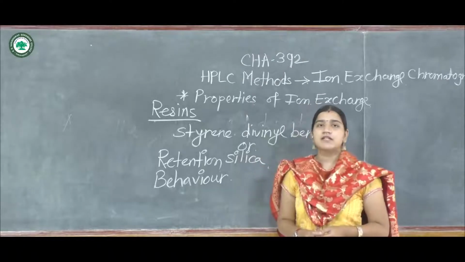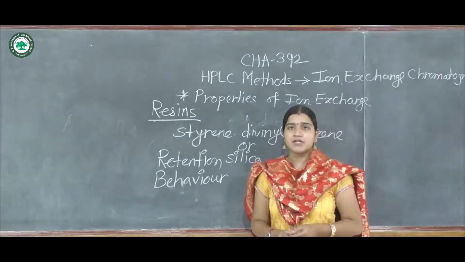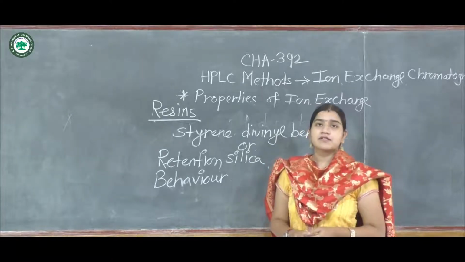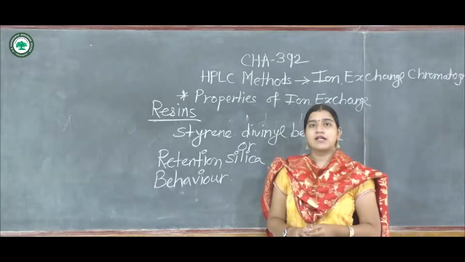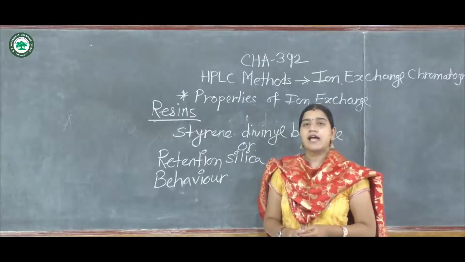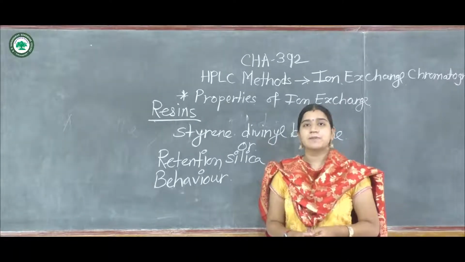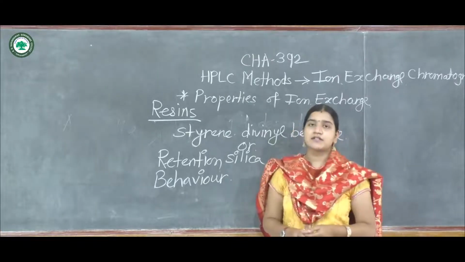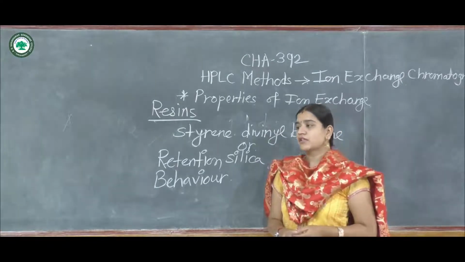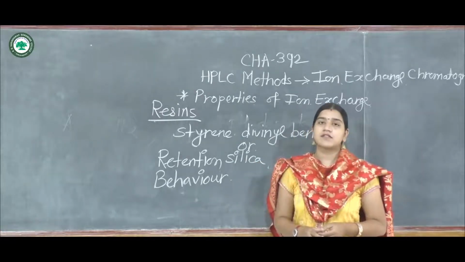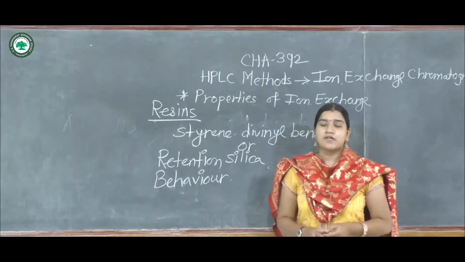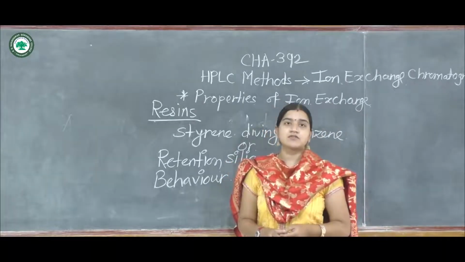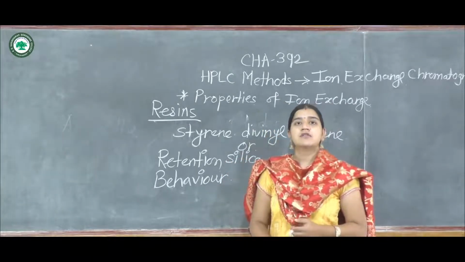When there is a weaker affinity between the substances that you want to analyze and your ion exchange column, then as a result of the weaker affinity the separation will take place at a faster rate, so you can say that the retention behavior is low. So the retention behavior as well as the separation of analyte are very important, and they are largely dependent on the properties of the different ion exchange materials.